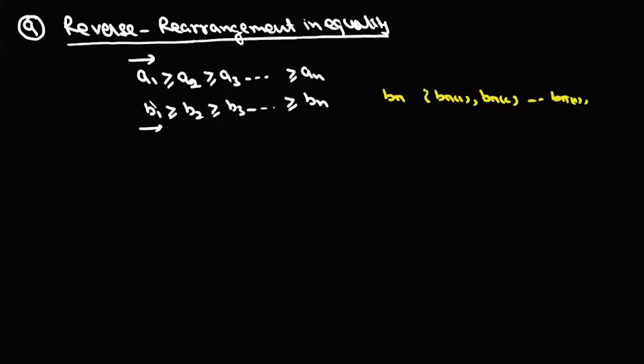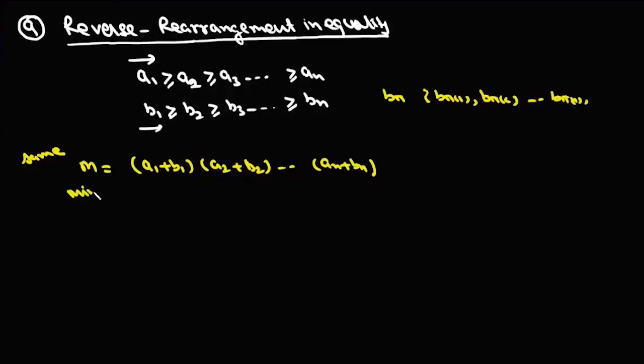Now if we add the corresponding terms and multiply them, then we'll say this product of sum is small m and will be this (A1 plus B1) into (A2 plus B2) up to (An plus Bn). So if we multiply them in the same order, then the product of this sum will be minimum.